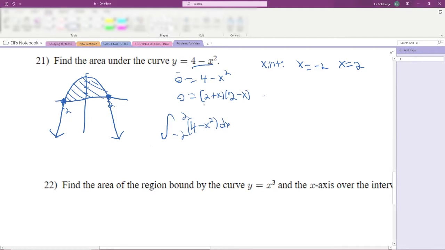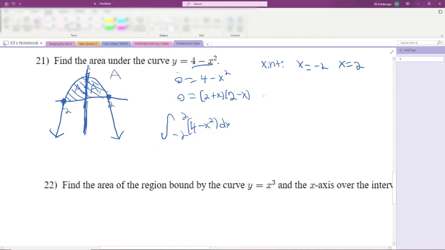But we could just think smarter, not harder. If we note that this is symmetrical about the y-axis, then if we just find the area of one of these sides and multiply it by 2, we'll get the area of both in total. If we call this a1, it's equal to a2.